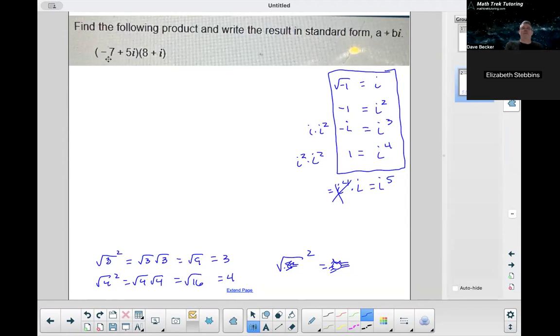Okay, excellent. So we're just going to FOIL this. That would be negative 56 minus 7i plus 40i plus 5i squared, or i squared if you want to get it right.